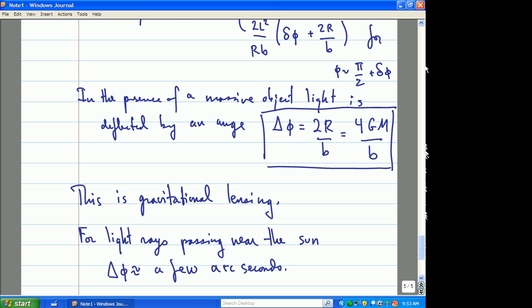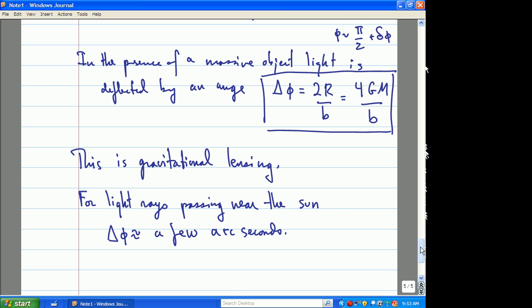Let's imagine that we have a star which is very far away. Its light rays usually travel on straight lines, but if you happen to be able to observe the light rays as they pass very close to the sun, then those light rays would be deflected, meaning that the apparent position of those stars on the sky would move by a few arcseconds. And, of course, it's generally very hard to observe stars which are very close to the sun in terms of their position on the sky, but, in fact, it can be observed during a total eclipse.